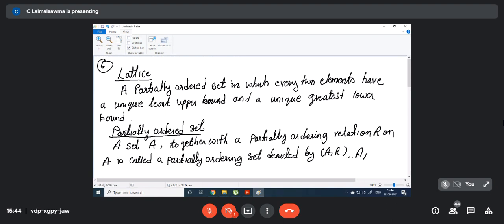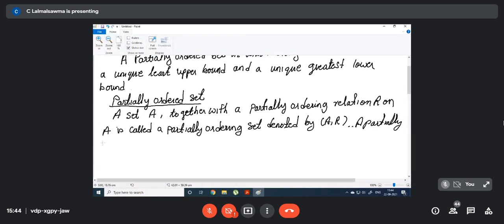And a partially ordered set is sometimes called an order set, also known as a poset, partial order set.